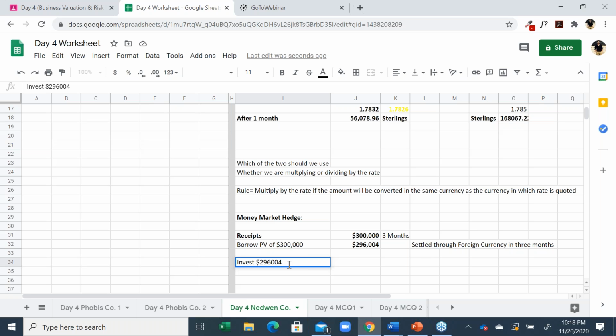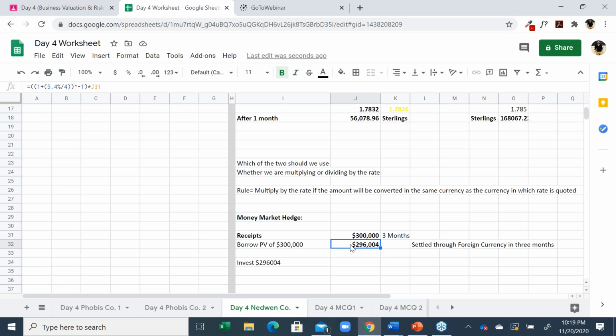But the problem is we cannot invest in dollars because we are going to have pound sterling at the end of the day. We don't want to have dollars after 3 months' time. Again, we will be in the problem of conversion, right?